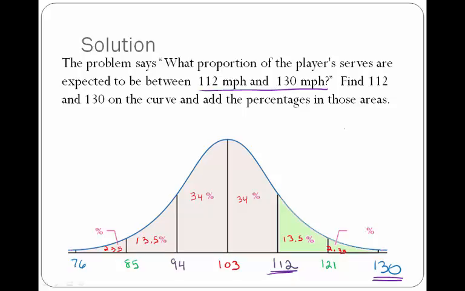And using the percents from your empirical rule, the section between 1 standard deviation above the mean and 3 standard deviations above the mean, so in between here, gets that section that has 13.5% of the data, and that section that has 2.35% of the data.